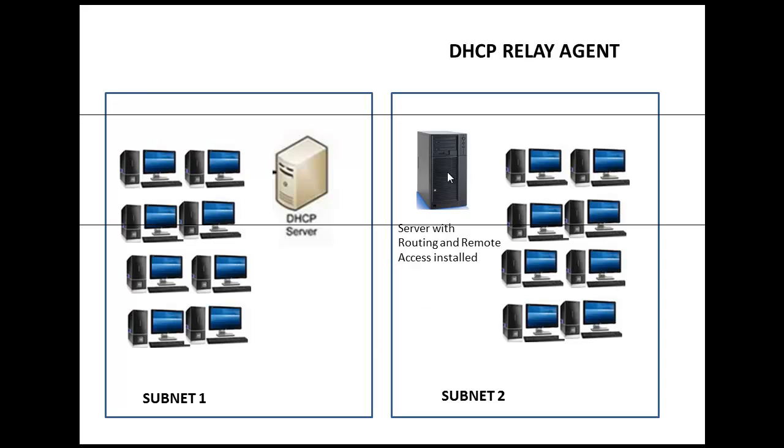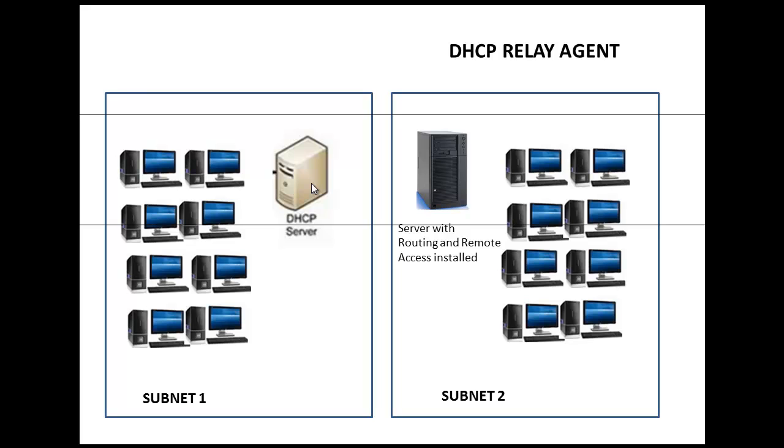So the DHCP relay agent that you would configure on subnet 2 is going to receive any request messages for IP information from the client machine, and it's going to pass that information onto the DHCP server on subnet 1, and subnet 1 will supply that information through that DHCP relay agent.